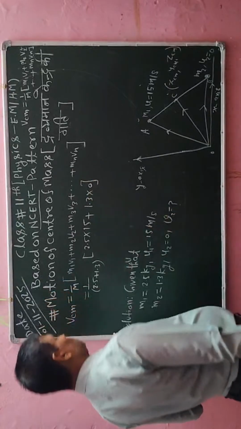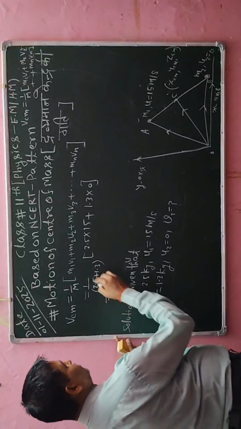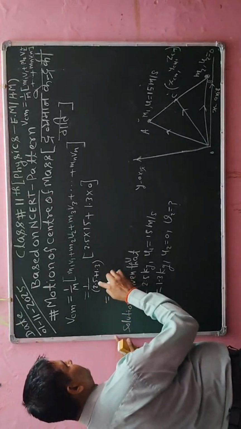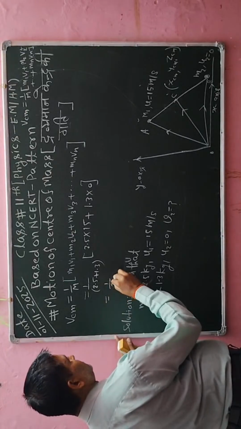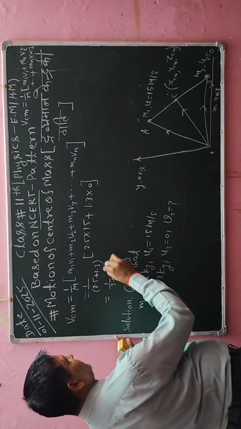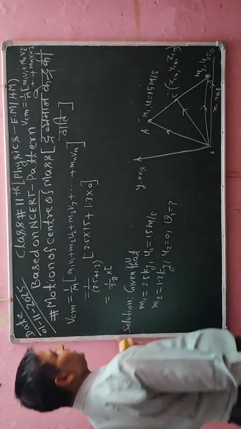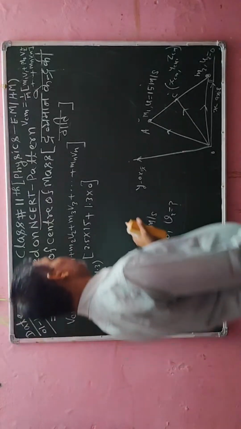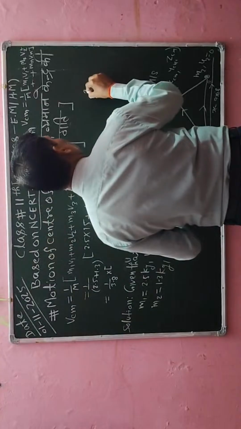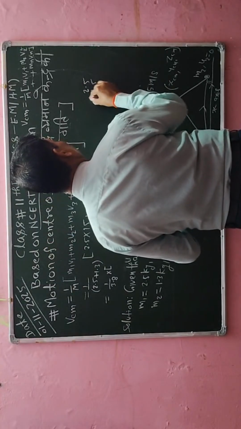We have to calculate its center of mass, so here I write 1 divided by 3.8, since 2.5 plus 1.3 is 3.8. In the bracket I will multiply 2.5 into 15.